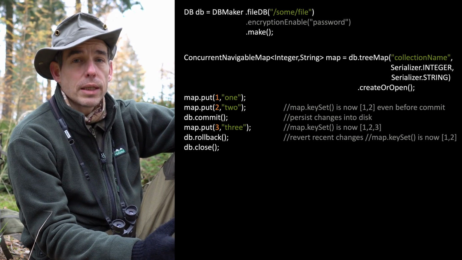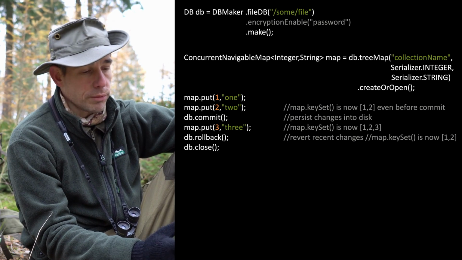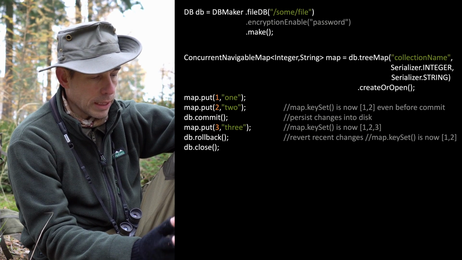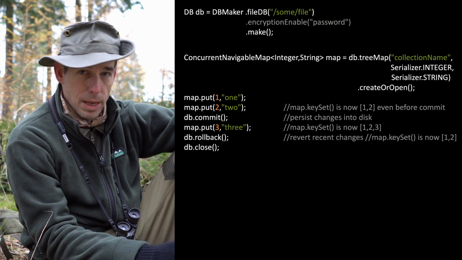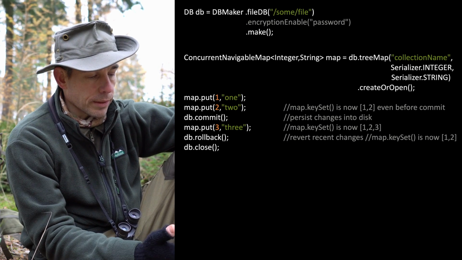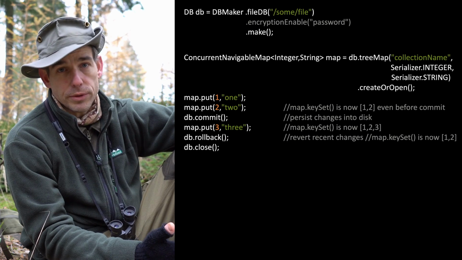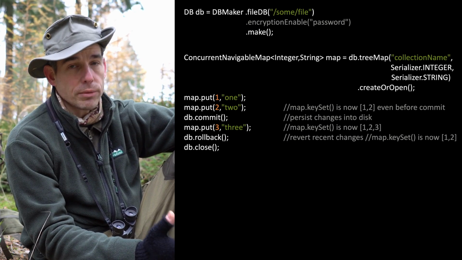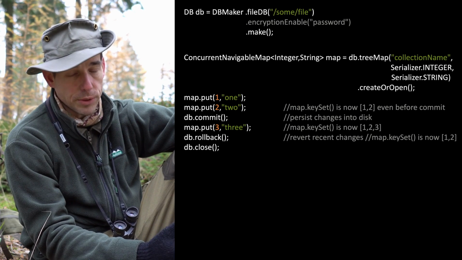And again, if you want to have a tree map, you have to offer at least 2 params. One is the name of the map, so the entity, and the next one is the key and the value serializer. So it means you have to take care about how to serialize this data.